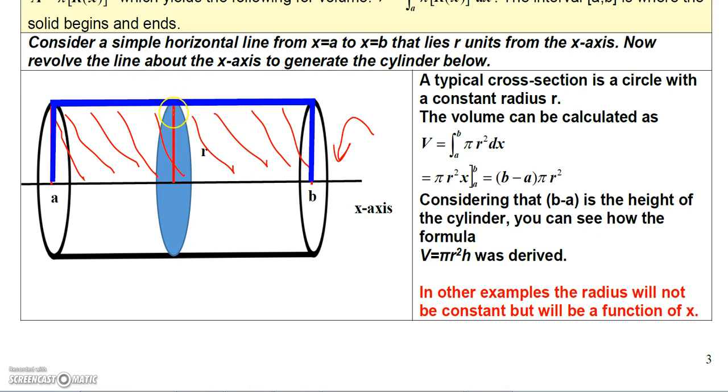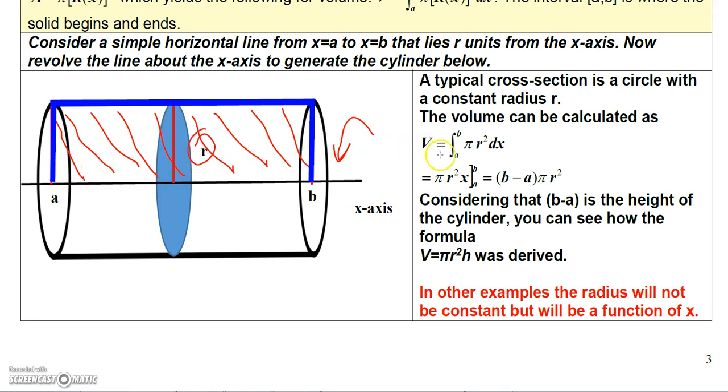Now, what's interesting here, since this is a horizontal line, the radius is always, all the way from a to b, never going to change. The radius is always going to be r. So whatever this radius is, it's not going to change as we move across from a to b.